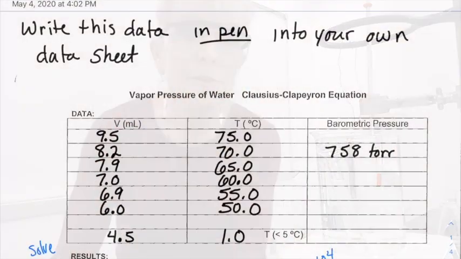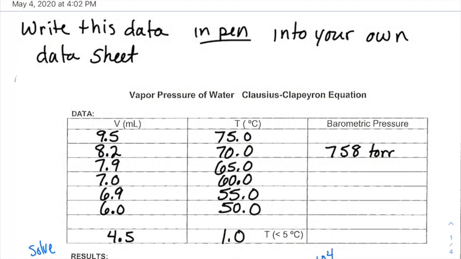You will get another video explaining the calculations, and you'll also get a data set. As always, I want you to record this data into your own data sheet in pen. If for some reason you don't have a lab manual, just write it onto a piece of paper. We took only one pressure, and that's what we normally do for this lab, so we're just going to assume the pressure stays the same throughout the lab. Then over here we have your volume in milliliters recorded to 1 digit after the decimal.